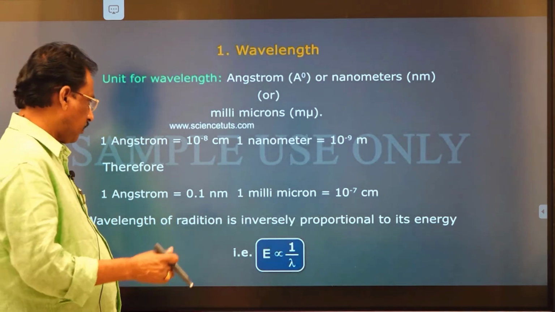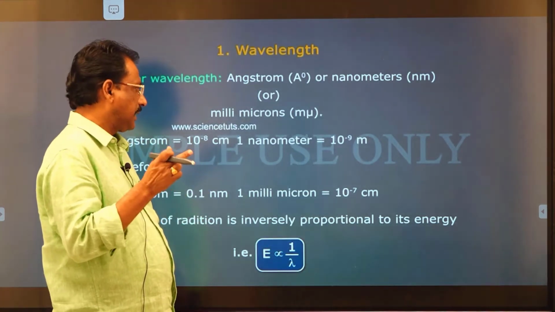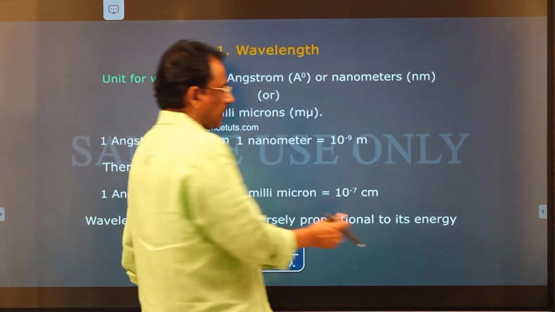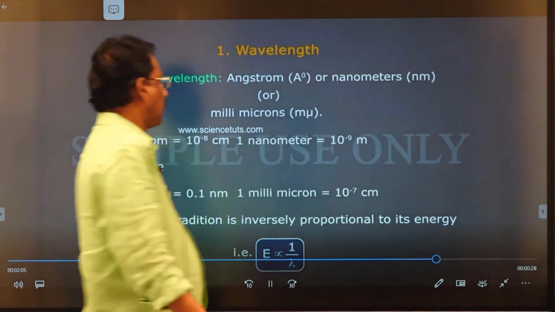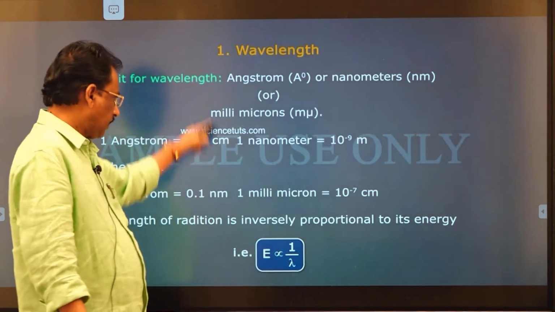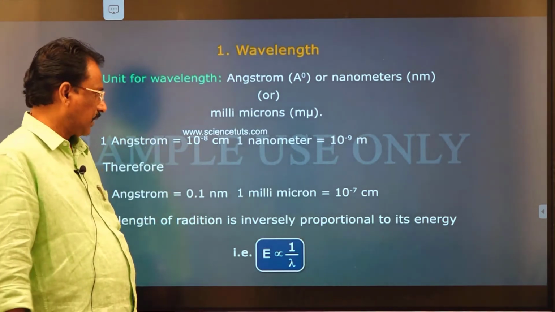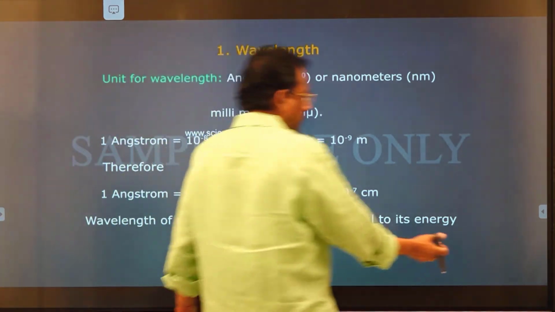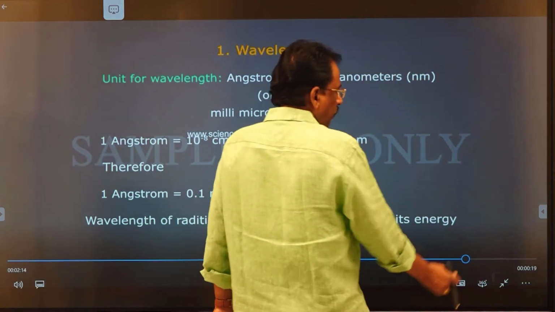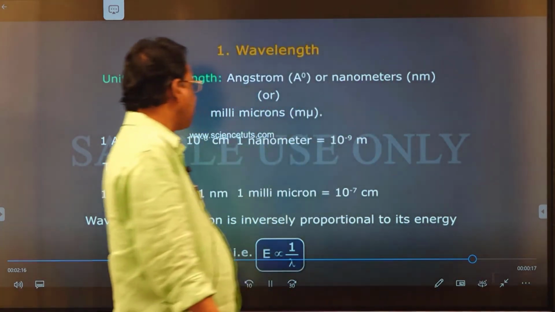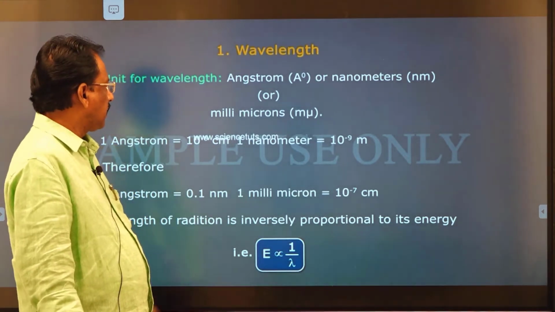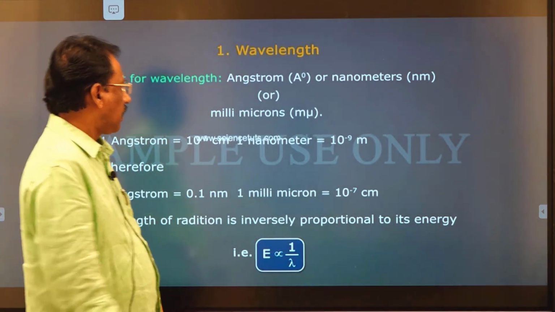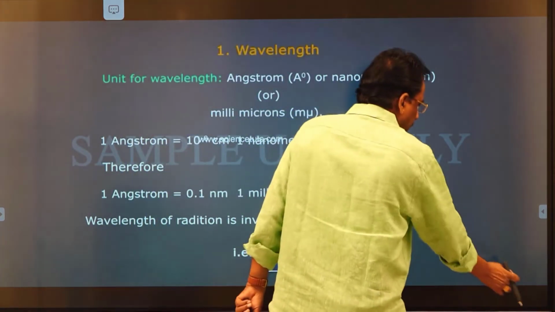So this is about the first characteristic property of wave motion of the electron. Once again, generally the wavelength of any type of electromagnetic radiation is expressed either in angstrom unit or in nanometers.